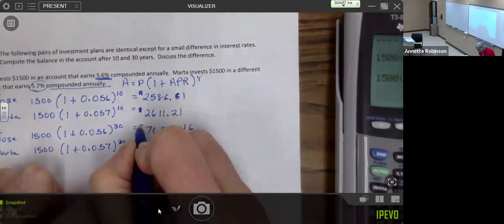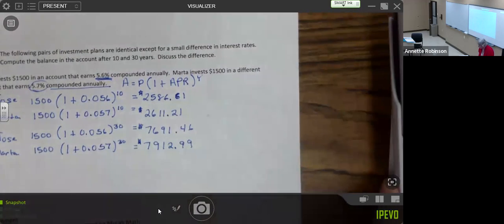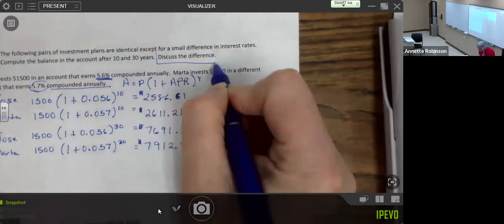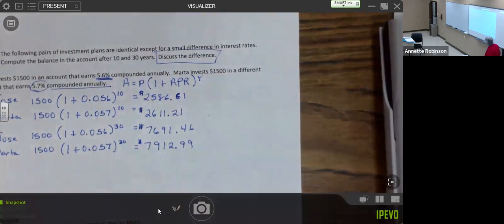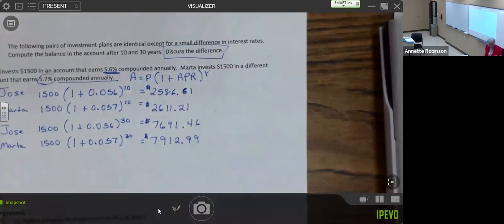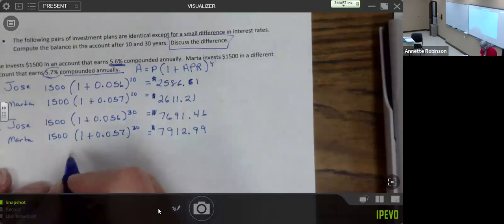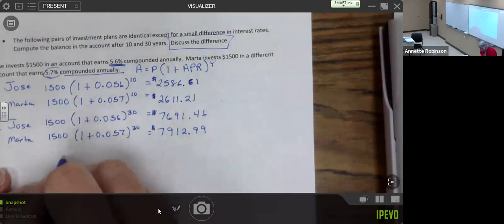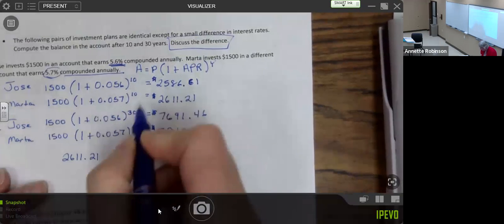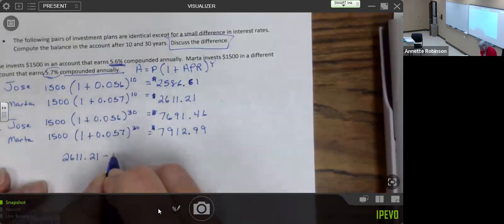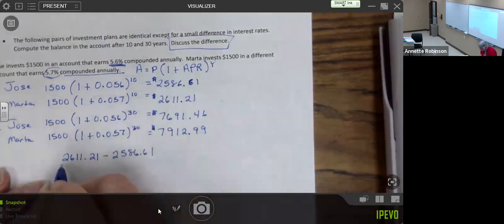That's the amount in each account, but that's not what the question talks about. It talks about discussing the difference in them. So here's how we're going to choose the difference situation. Since Marta made the most, let's take Marta's for 10 years, subtract Jose's, compare it to Jose's.